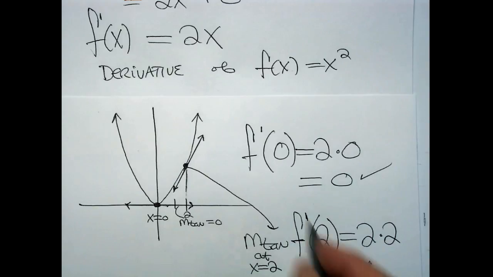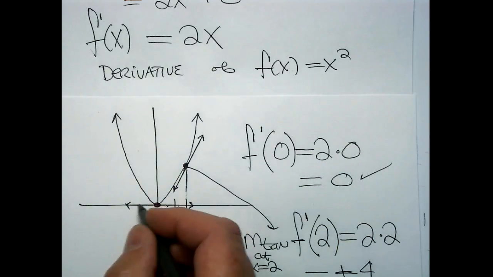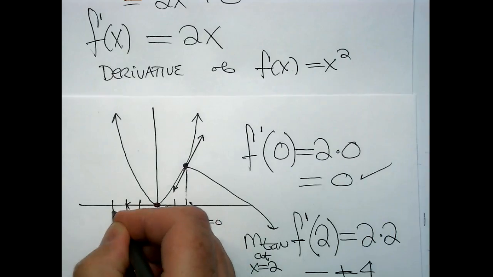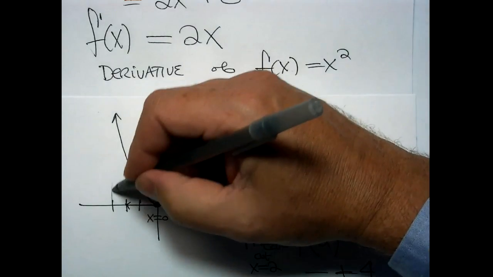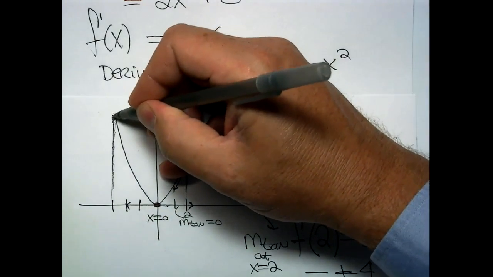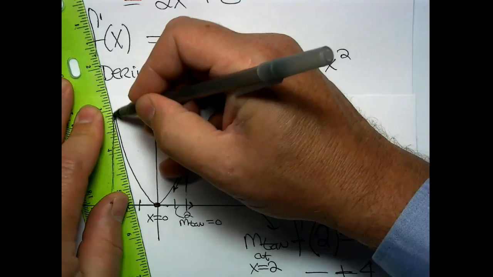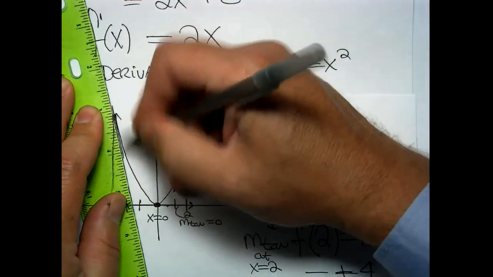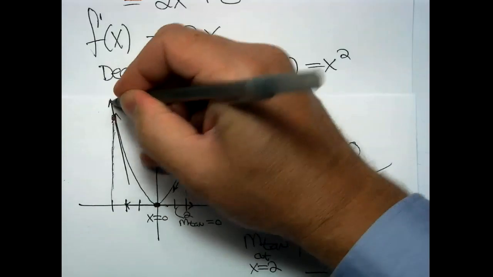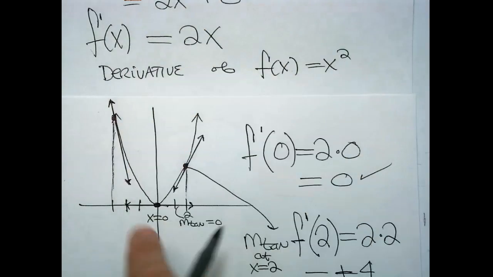One more. This is great because now that I have the derivative, I can go anywhere I want on this curve. Let's go way back here, -1, -2, -3, which reaches way up here, and it's a very negative slope here. One thing I noticed right away, it's a negative slope.